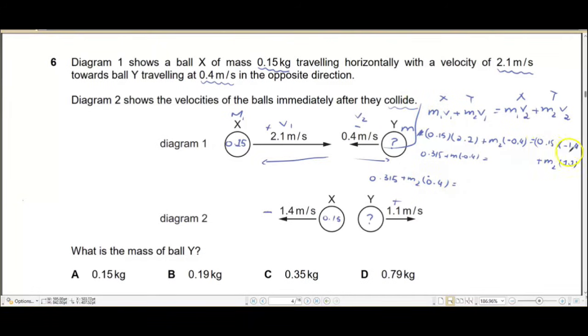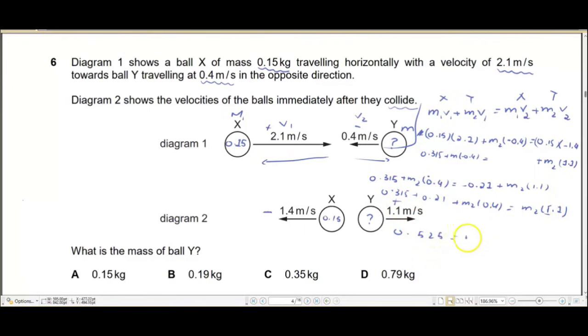So 0.15 into negative 1.4 is going to give us negative 0.21 plus m2 with a positive 1.1. So we are going to add this over here, and m2 times 0.4 is equal to m2 times 1.1.